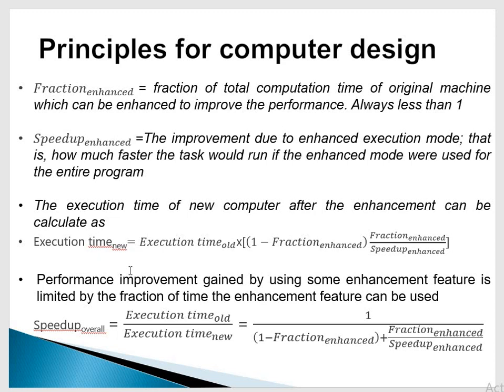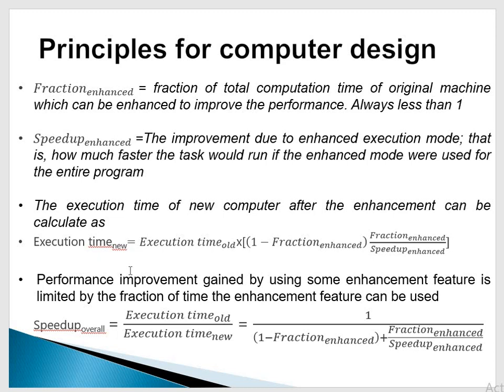So what the designer will do, the designer will try to improve a fraction of the total computation time of that particular machine. So what is the amount of a fraction we are going to enhance out of whatsoever the total computational time of the original machine is, that is called the fraction enhanced. So it will always be less than 1.